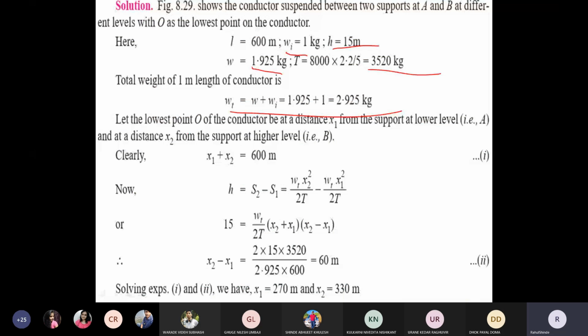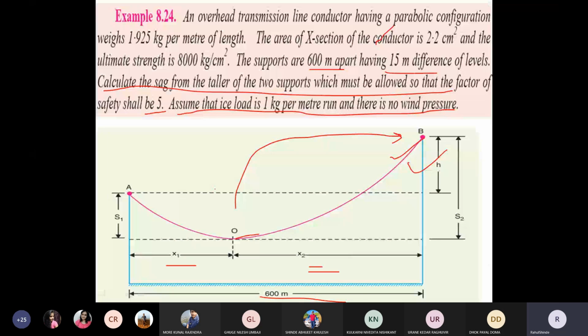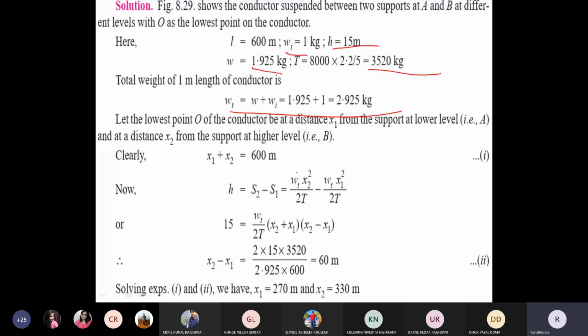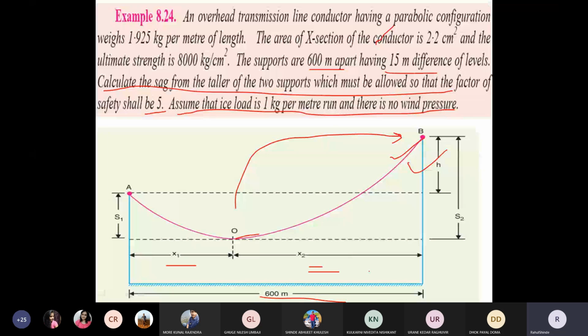Now, in this derivation, if it is possible for you, you can draw the circuit diagram, or if it is not possible, don't worry. You already have an equation with you. We know that x1 plus x2 is nothing but the total span of this particular line, or the span of these two poles, that is 600 meters.